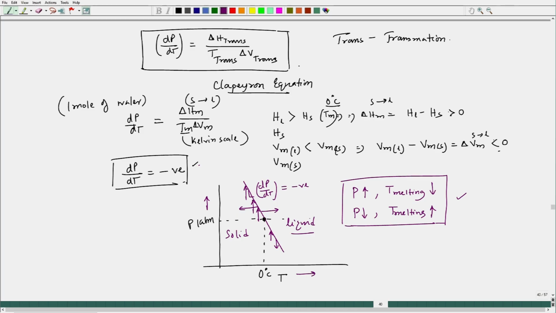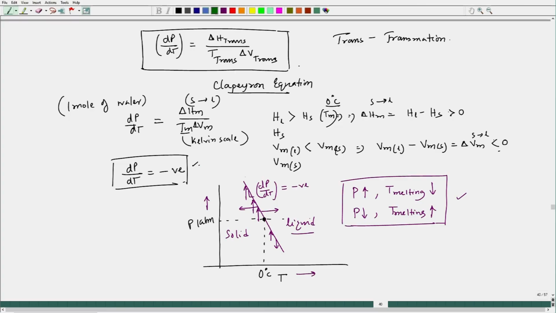So, now you are actually making a demarcation between solid zone and liquid zone, and any point on this line is where solid and liquid both will be under equilibrium. Okay. And if we switch from that point, keeping the pressure constant, either you will get liquid or solid depending on which side you are going. If you are going right side of the line, you will get liquid. If you are going left side of the line, you will get solid.